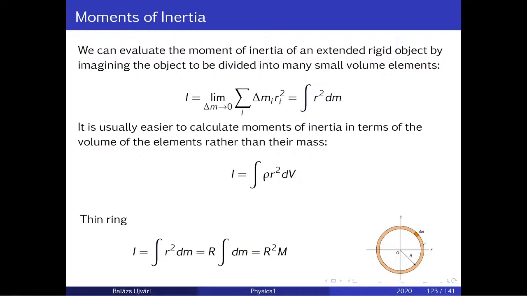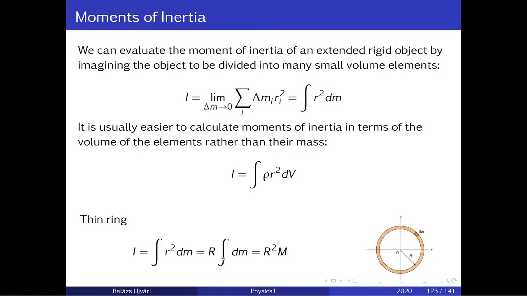So if you want to calculate the moment of inertia for a ring, where the width of the ring is negligible compared to the r, then this r square dm, since the r will be the same for every point, the radius, this small r can be replaced by capital R. Oh, I forgot the square here.